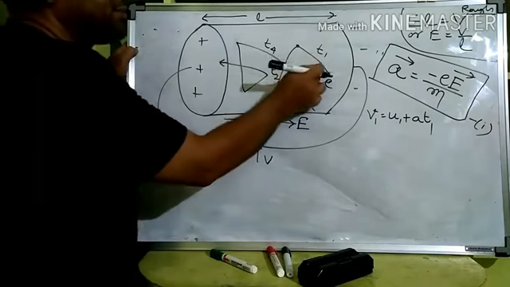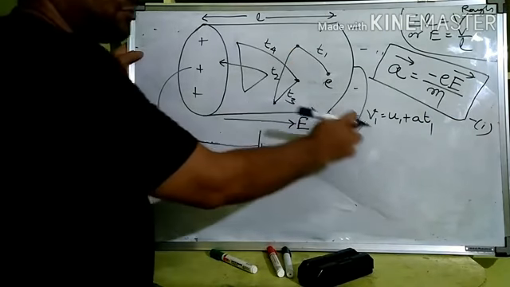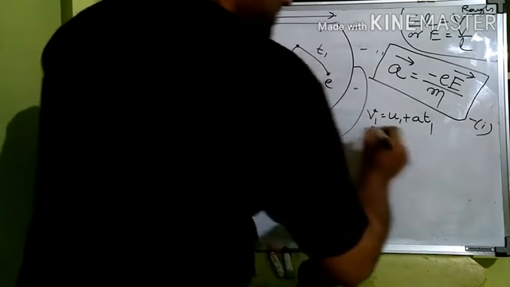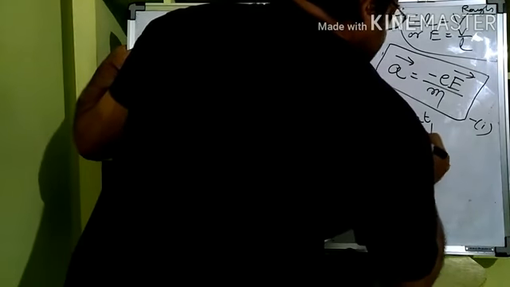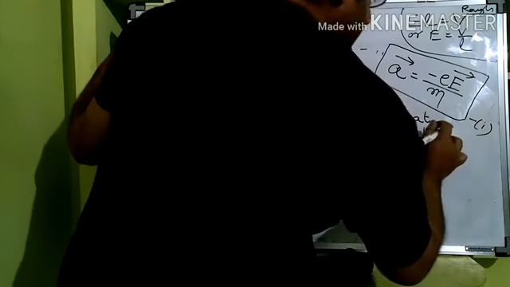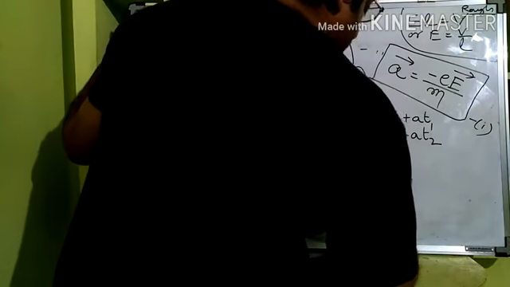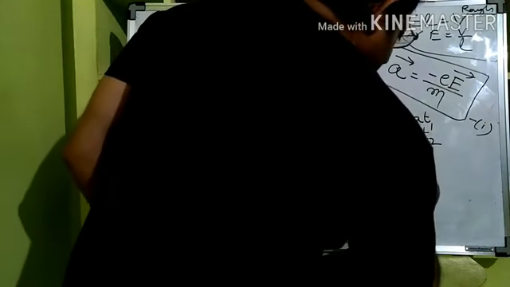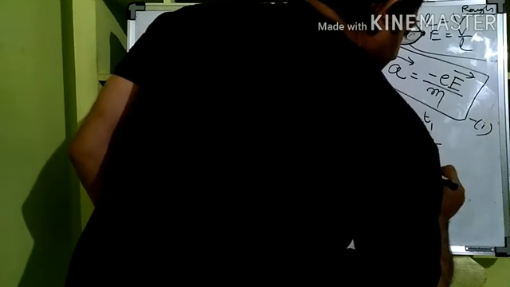Let us say from here to here, time T1 is taken. Similarly, V2 for the next time is U2 plus A T2. Similarly, go on. Let us say Vn, for any n number of seconds, is Un plus A Tn. Is it clear?